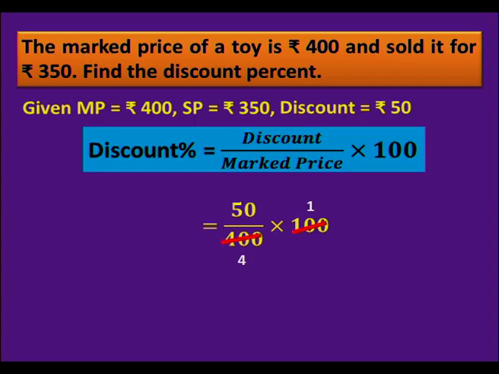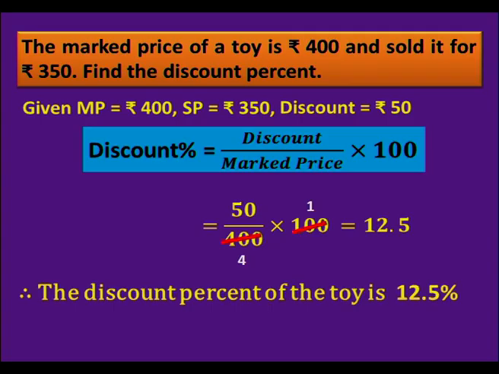So, what is left, children? 50 by 4. On simplification, we get 12.5. That means the discount percentage is 12.5%. So, children, I hope you learnt to calculate the discount and discount percentage.